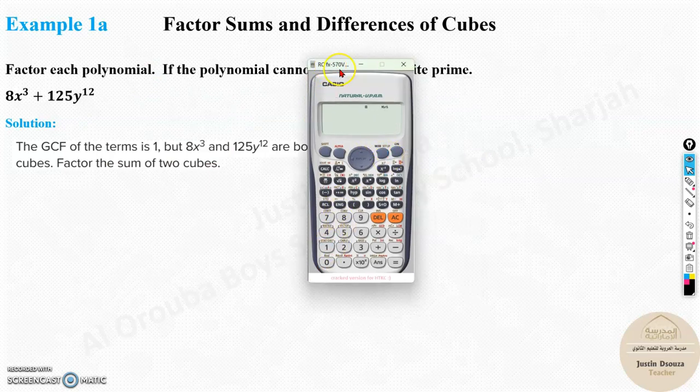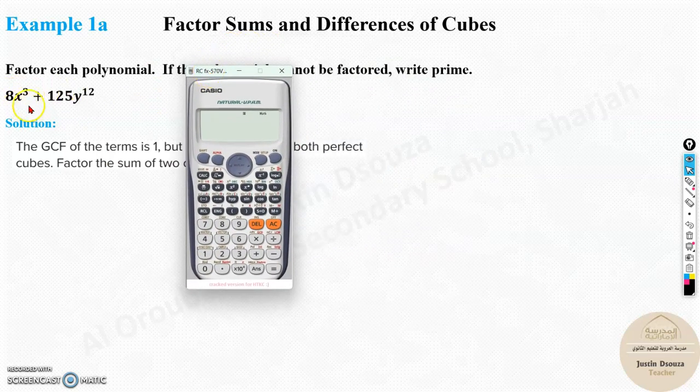Because we need to use the cube root, try using shift and this symbol, and you'll get the cube root, or you can press shift and put 3. It's the same thing. Let's press 8. Yes, we got 2. Now change this to 125.